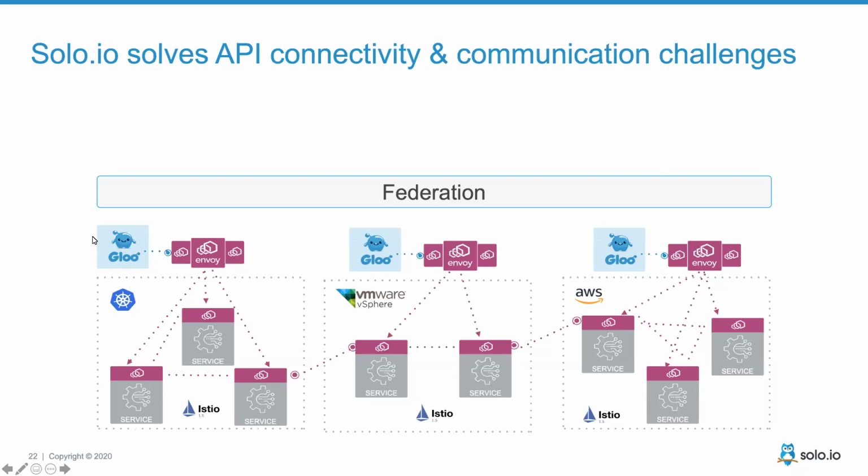The last bit of the puzzle is around extensibility. So getting something like Envoy, getting something like Istio or any service mesh in place is only as good as it's able to fit into existing brownfield scenarios or existing assumptions or compliance or regulatory restrictions.